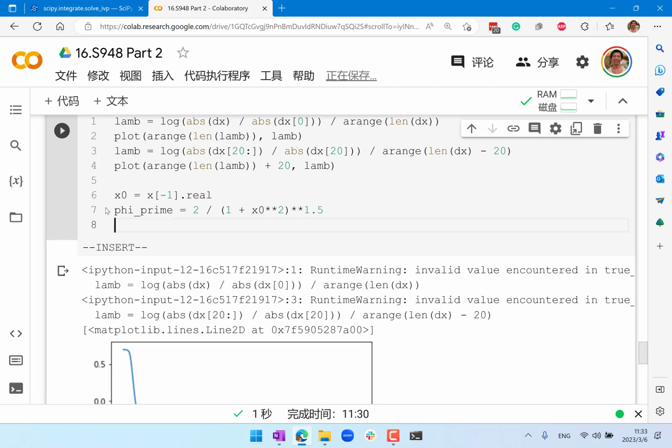And actually, it's the logarithm of this that should be the Lyapunov exponent. So let's plot, let's say 0 to 100, and log of phi prime.